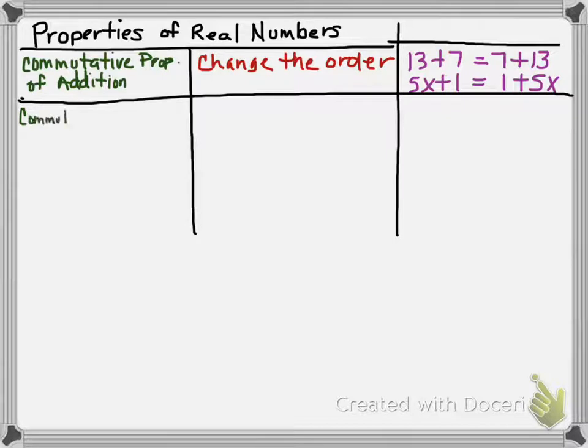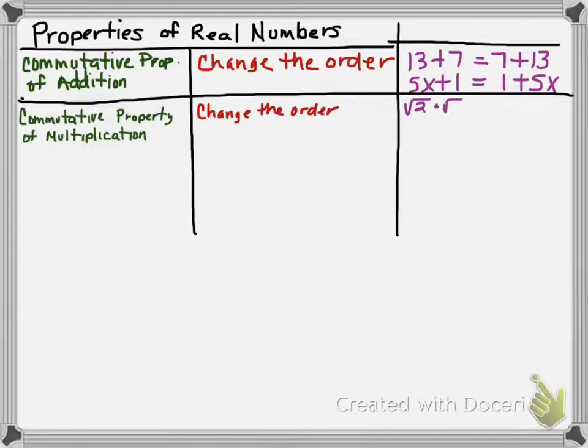Now we also have the commutative property of multiplication. This one also, all you're doing is changing the order, but while you're multiplying. So let's say I had the square root of 2 times the square root of 5.